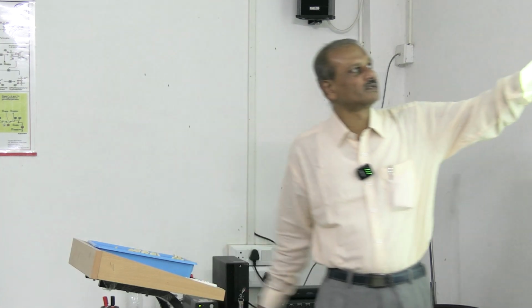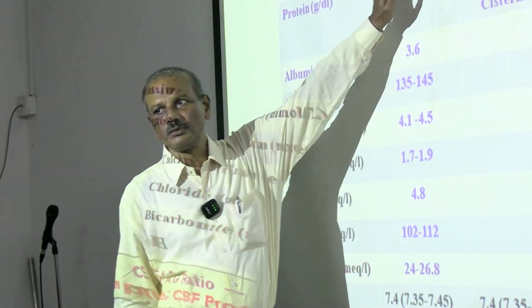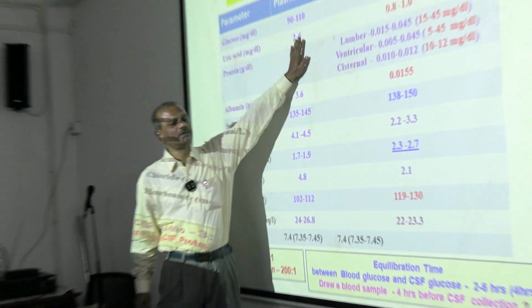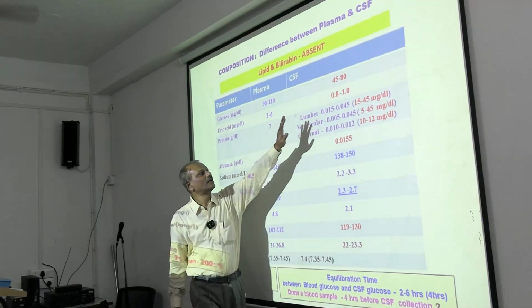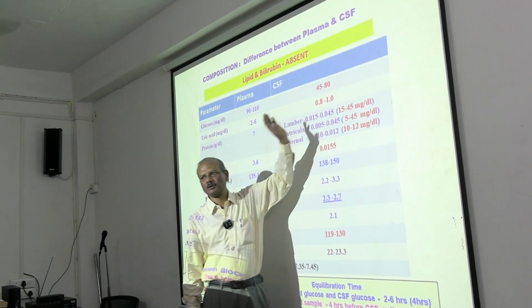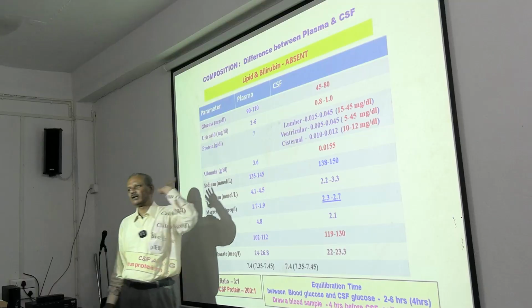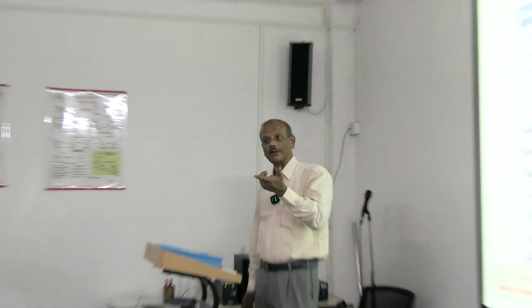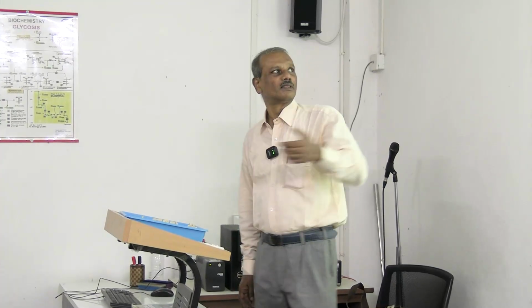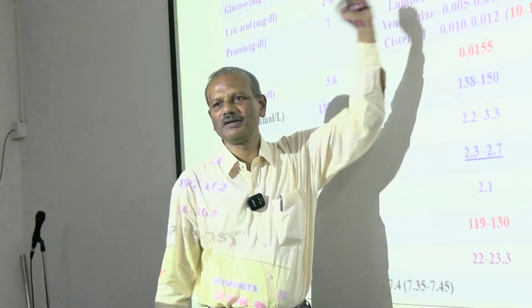So it is an ultrafiltrate and the concentration of the substances, if we look at it, glucose is present normally, and on average this is all indicative only. There will be some variation, and usually 50% of the plasma glucose is present in the CSF. Now somebody's blood glucose level is high, a diabetic patient. So his blood glucose level will be high, CSF glucose level will also be high.